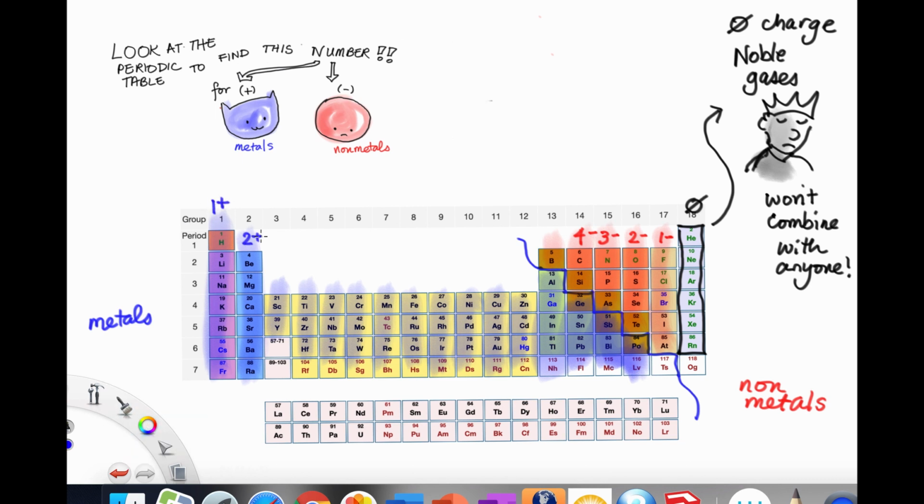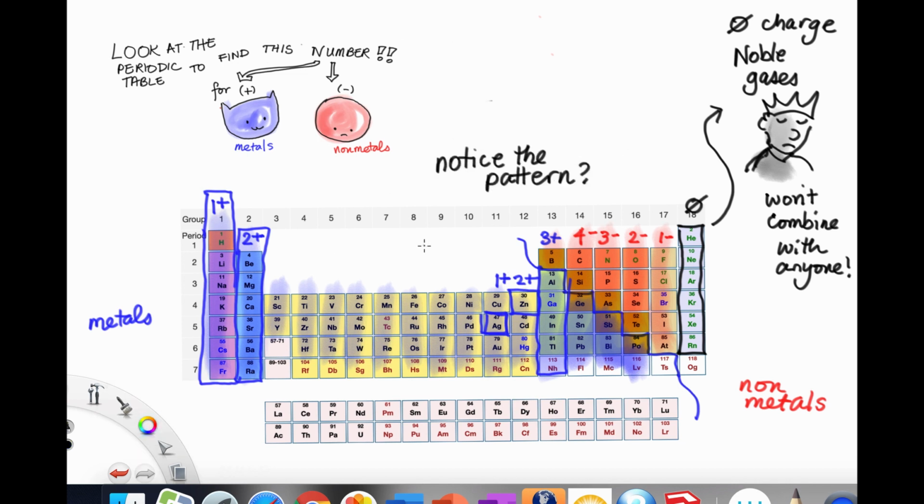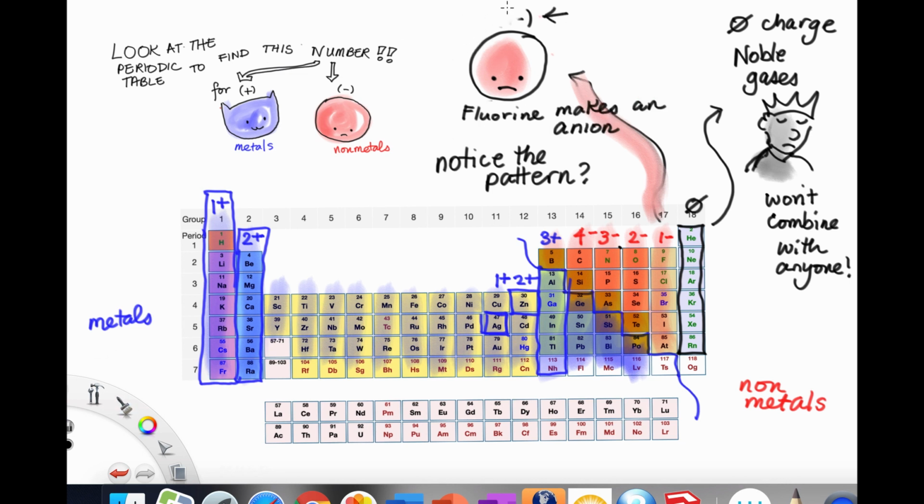But take a look carefully at this table, and you will see a pattern. Do you notice the pattern? Do you notice where the negative charges are and the positive charges are? In this pattern, every family has atoms that make the same charge.